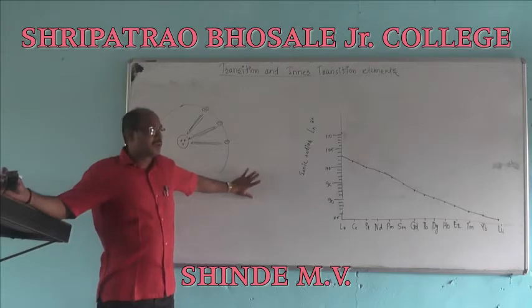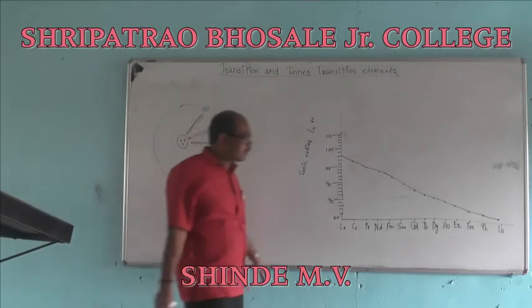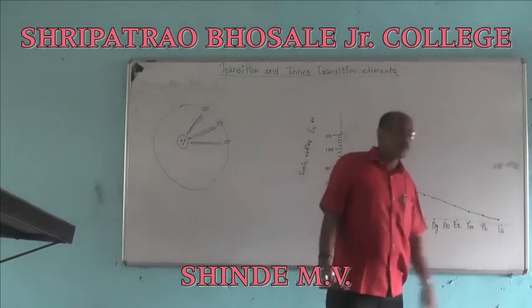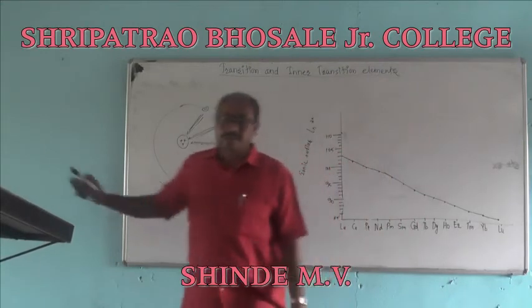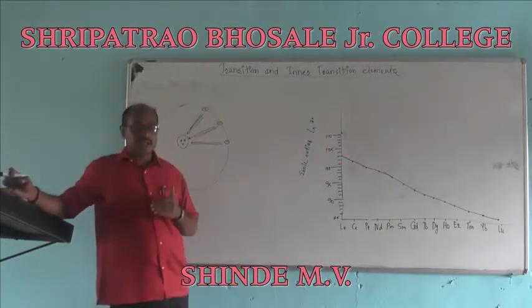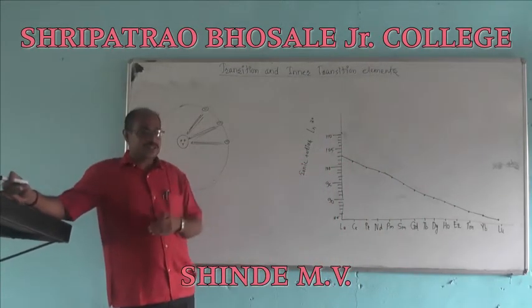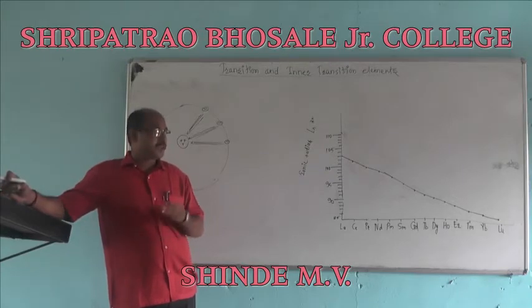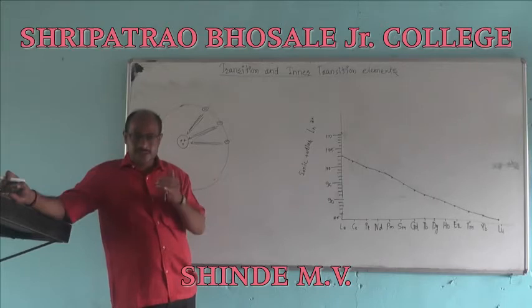As we observe in the third group, after lutetium there is the presence of hafnium. Hafnium has approximately identical atomic radius or ionic radius to zirconium.